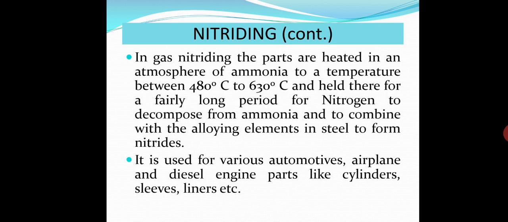In gas nitriding, the parts are heated in an atmosphere of ammonia to a temperature between 480 degrees centigrade and 630 degrees centigrade and held there for a fairly long period for nitrogen to decompose from ammonia and to combine with the alloying elements in steel to form nitrides.